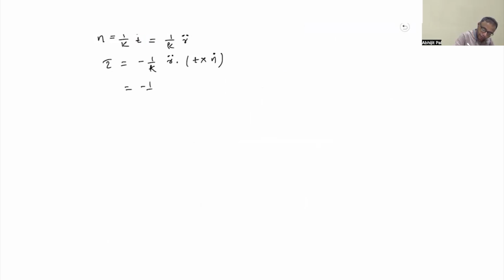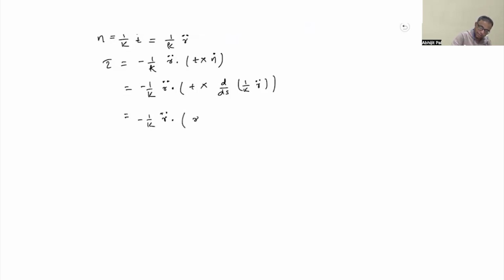And now, what is n dot here? This is basically d/ds of 1 by k gamma double dot. And again, this is minus 1 by k gamma double dot product with this vector.